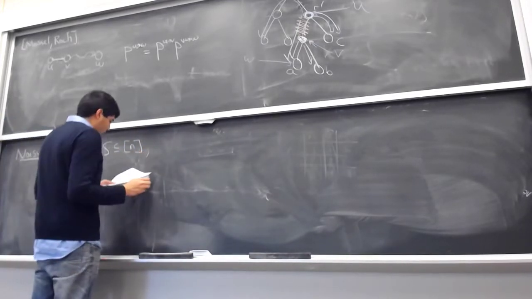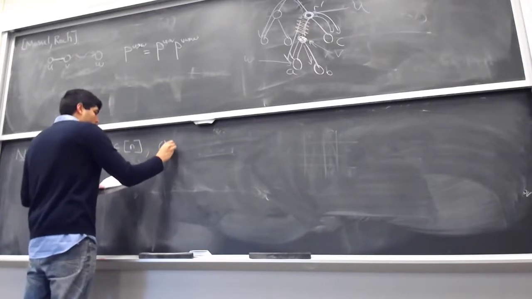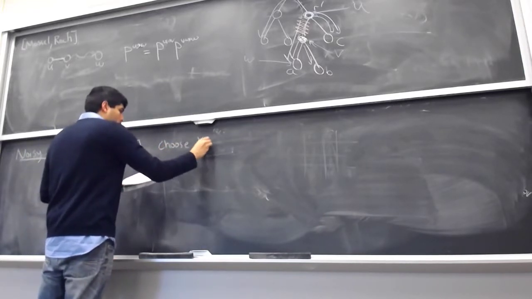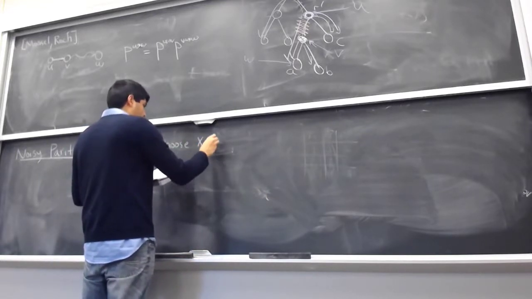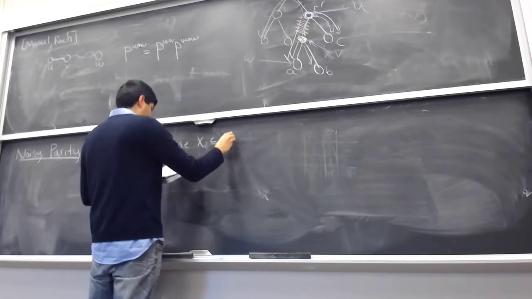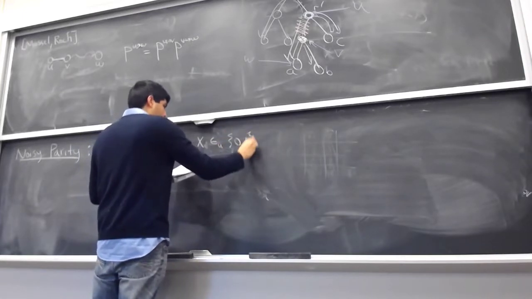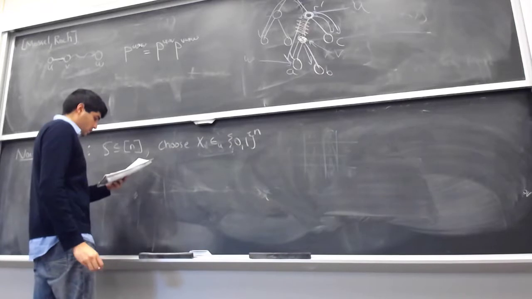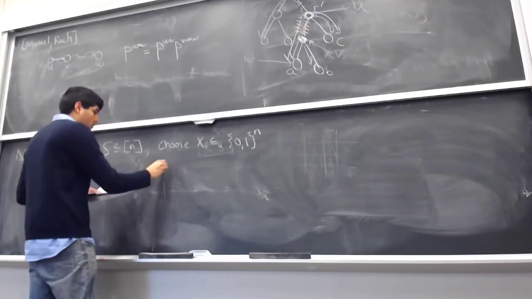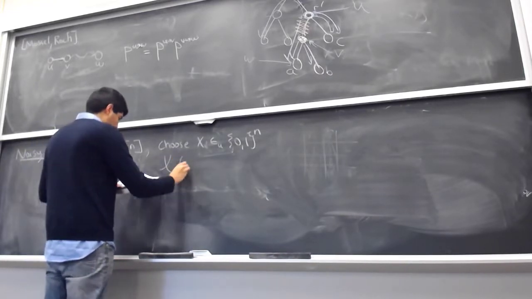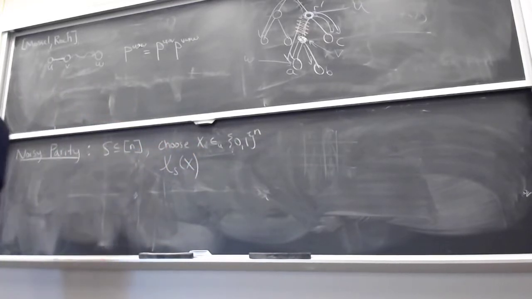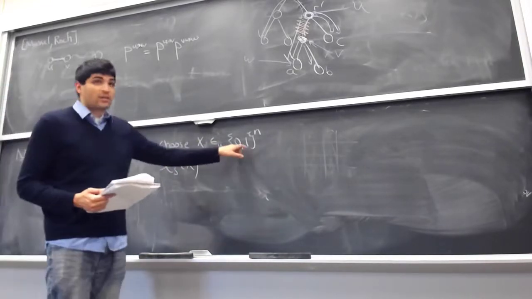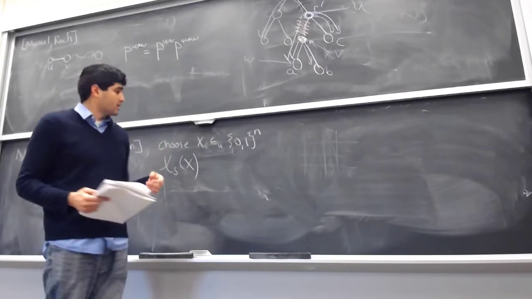So the basic idea is that what we're going to do is choose a random length n binary string, uniformly at random, so every length n string has the same probability, 2 to the minus n.